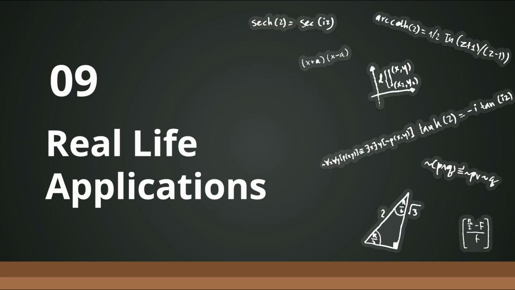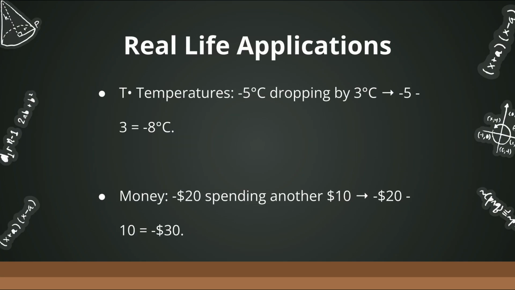Alright, now let's head to real life applications. Subtracting integers is super useful in real life, and here are a couple of examples. In weather, if it's -5 degrees in the morning and it drops by 3 degrees, what's the new temperature?